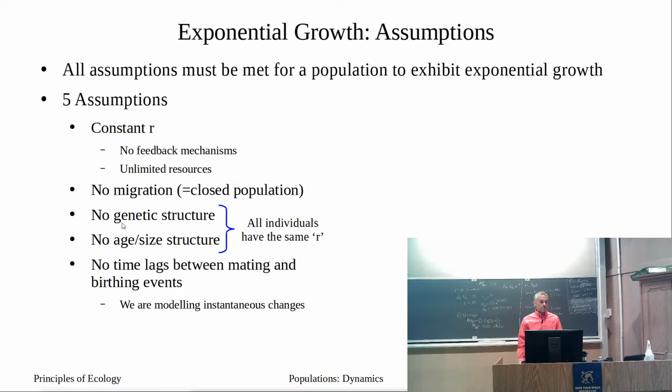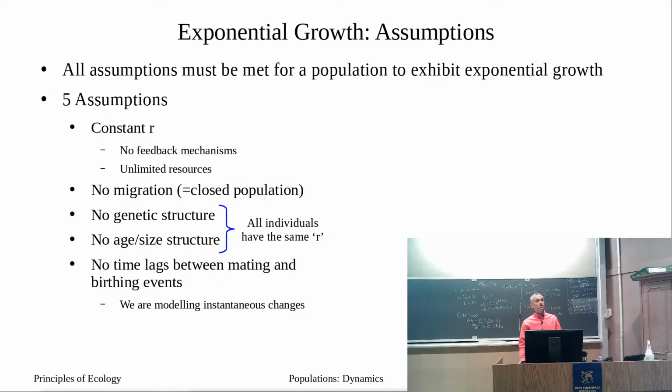The next 2 assumptions are no genetic structure and no age or size structure. Both of these are tied to R. If we think about genetic structure, we can't have a population with different genetic strains that we wouldn't know about unless we sequence the populations.